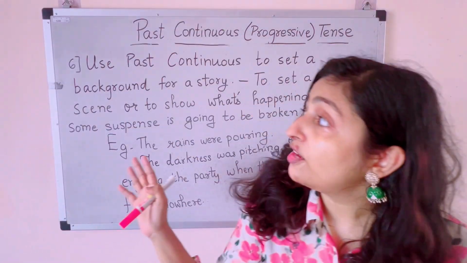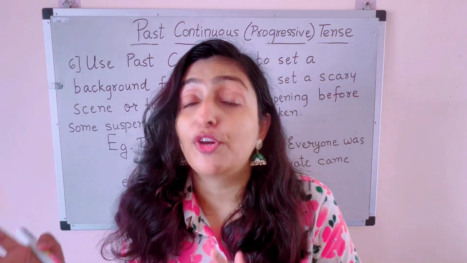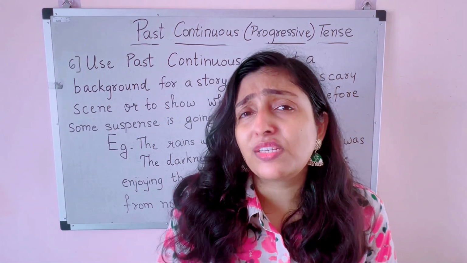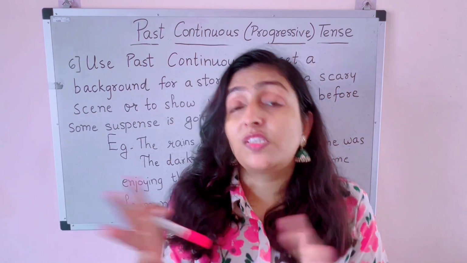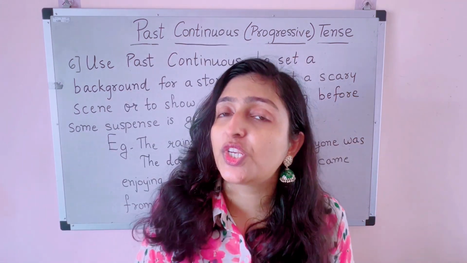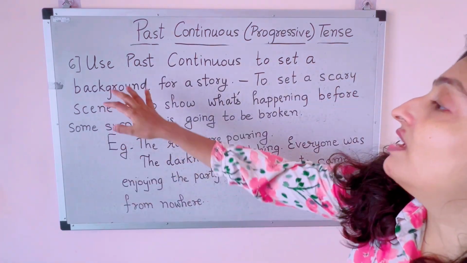So this is my rule number 6, and I guess those of you who have a wide reading habit and an obsession with reading suspense stories, adventurous and scary stories would understand this better. Let's look.